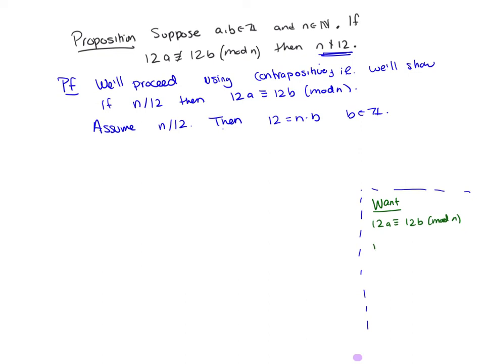So I'm trying to get to the fact that n divides 12a minus 12b, or, I notice there's a common factor there, 12 times a minus b, or that 12 times a minus b is n times something. Okay, so I feel like maybe we're on the right track here.